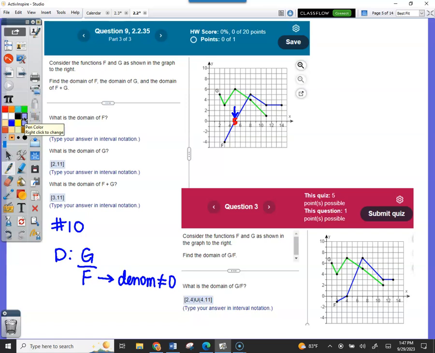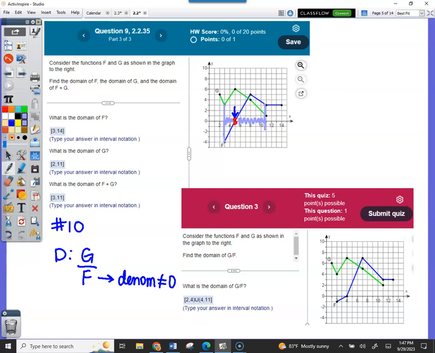They have 3 in common all the way up to 11. Skipping which one? It's got to skip 5, because 5 is where the blue graph, which in this case is the one in the bottom of the fraction, is 0.